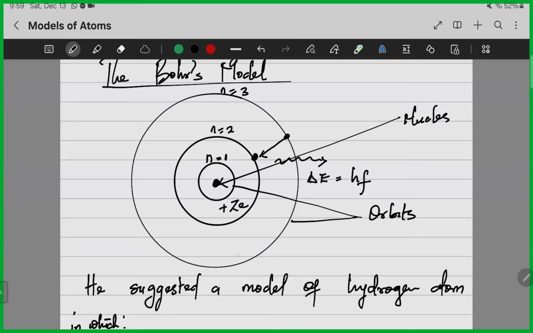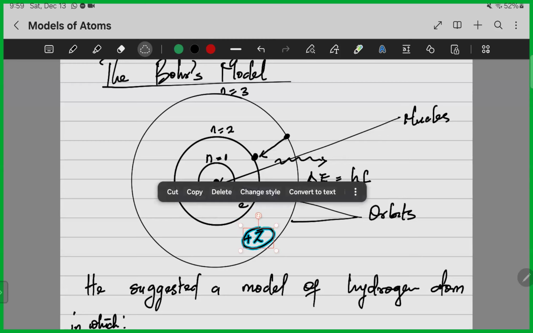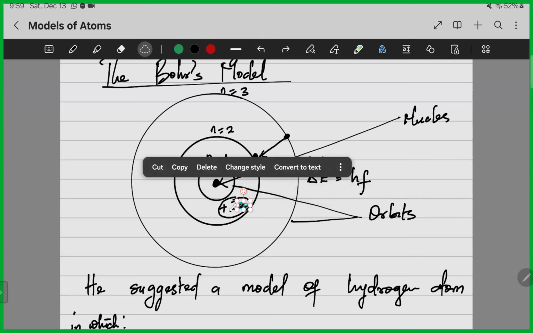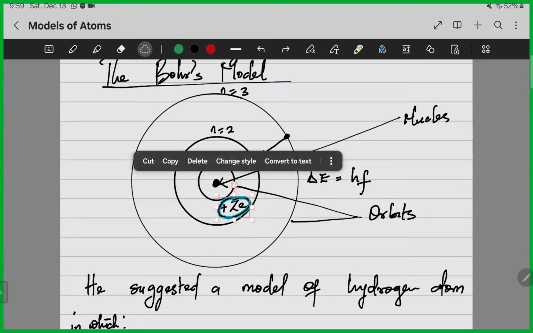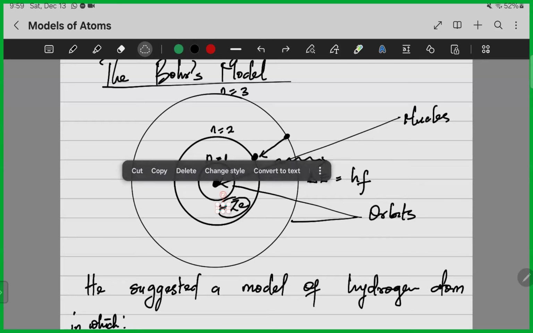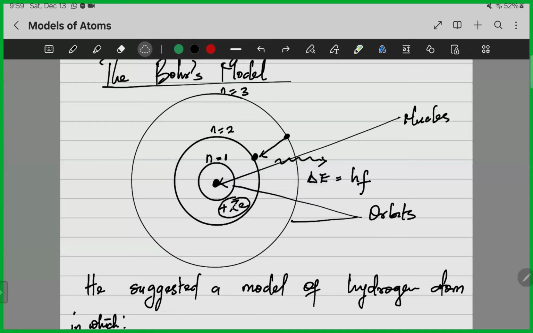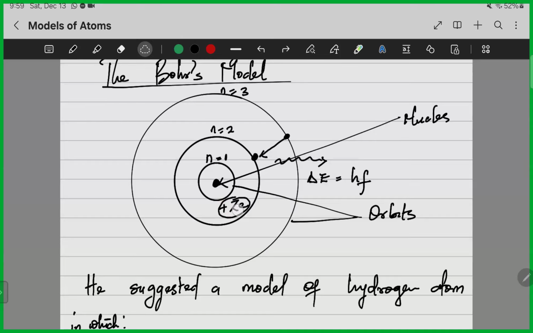This one I was representing with an electron before, but I can put some here, some here, some here.